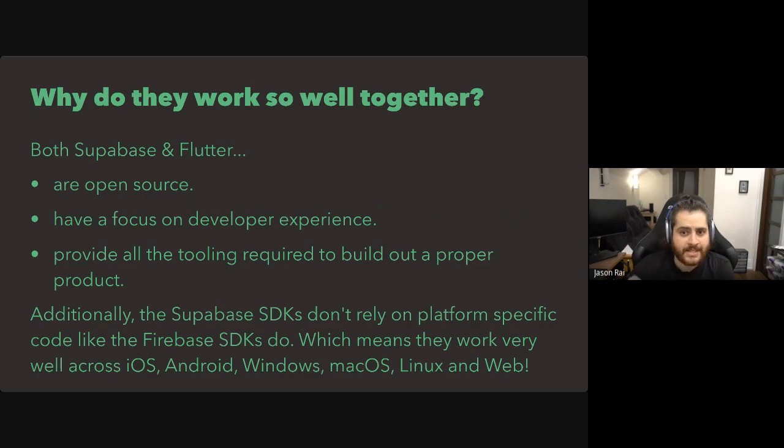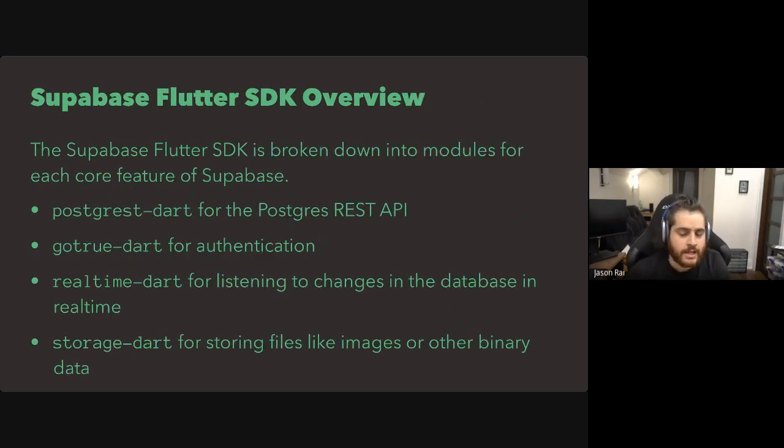So let's do a bit of an SDK overview and take a look at some of their Dart and Flutter related features. The Supabase Flutter SDK is broken down into modules, each supporting a core feature of Supabase. Postgres Dart allows you from Dart code to interact with your Postgres database over a REST API.